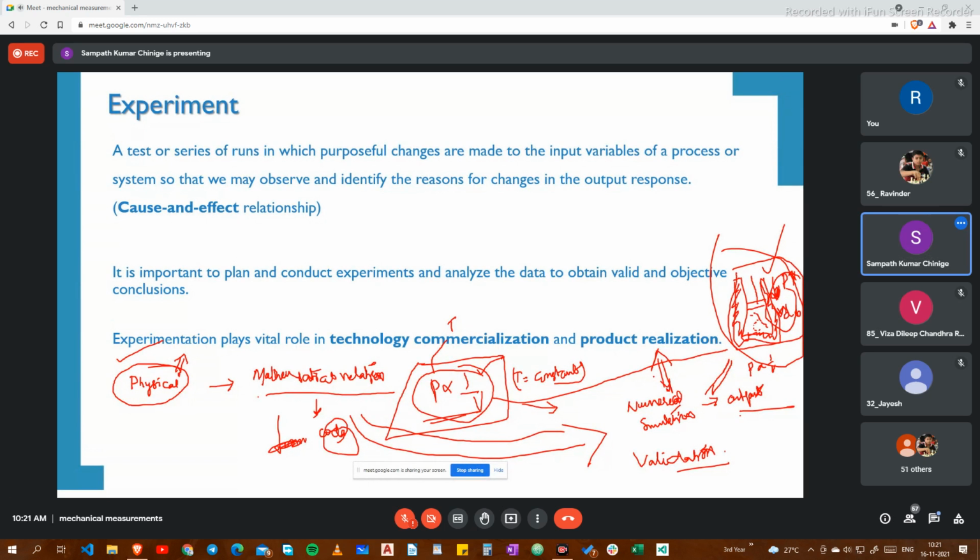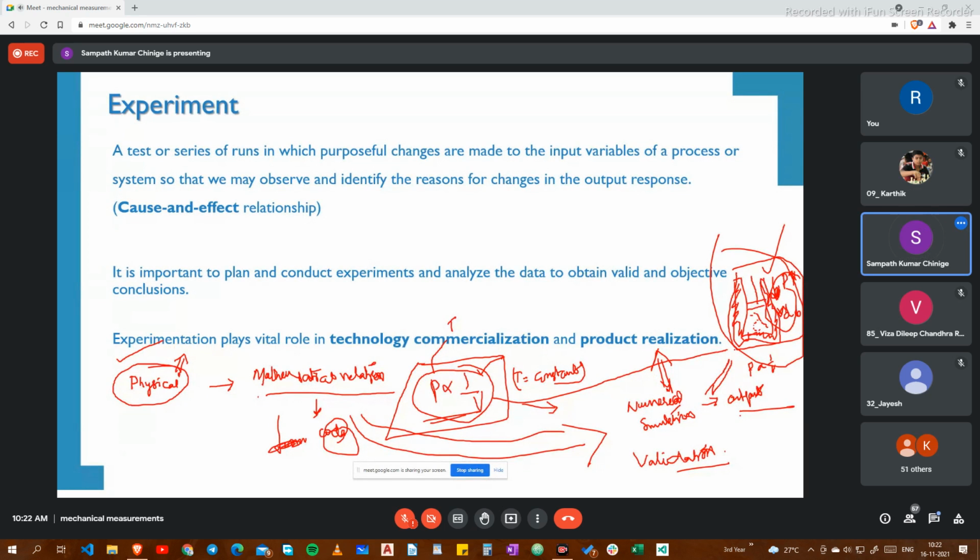So the next question is, sir, if we need experiments for every validation, for every numerical simulation, what is the use of a simulation? The use of a simulation is that once you have made sure your numerical simulation is valid, you don't need to do any further experiments. For every other value, you can just run a simulation by varying the variable.